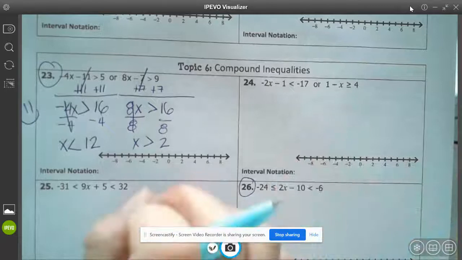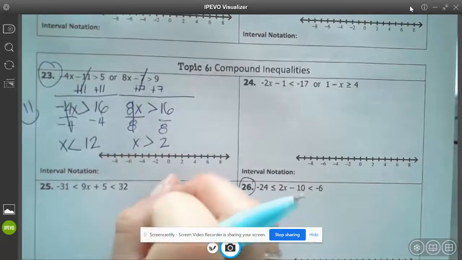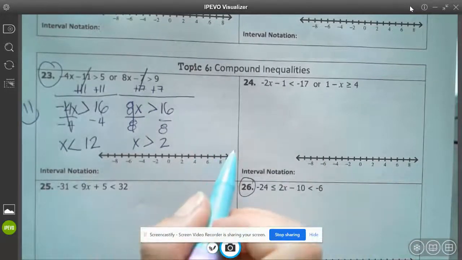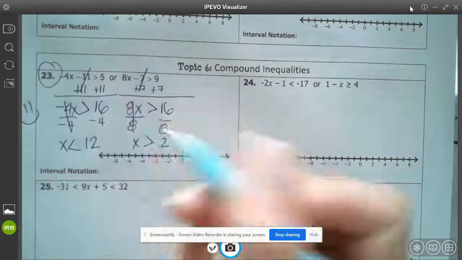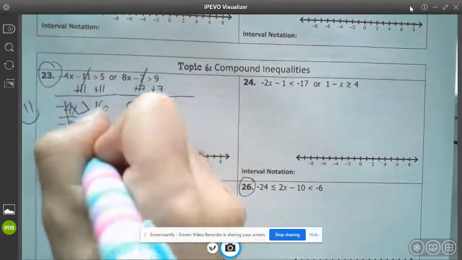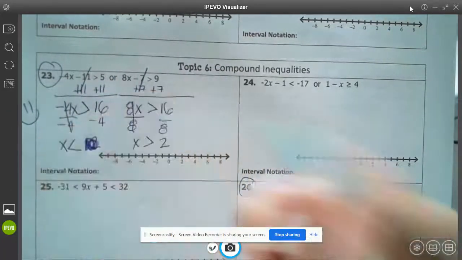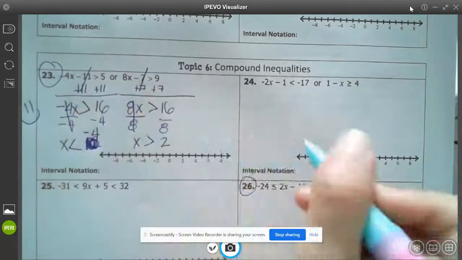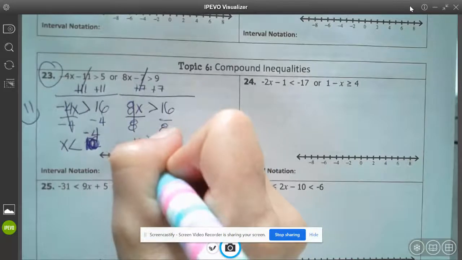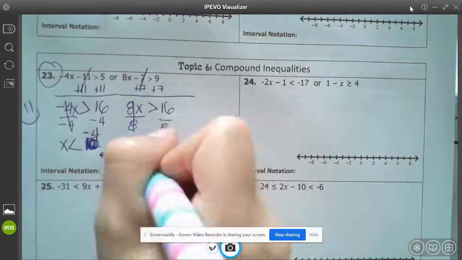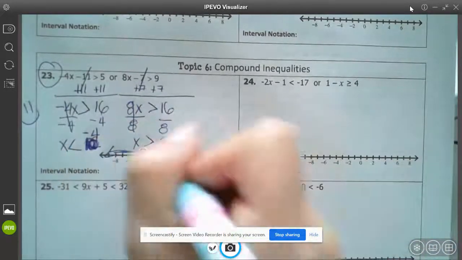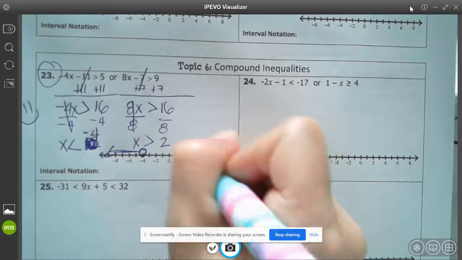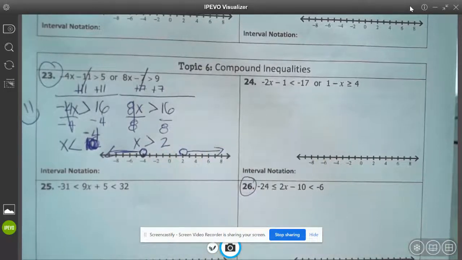Okay, and now, or, this one has an open circle and it's less than, so it goes this way. And this one has an open circle and it goes this way.